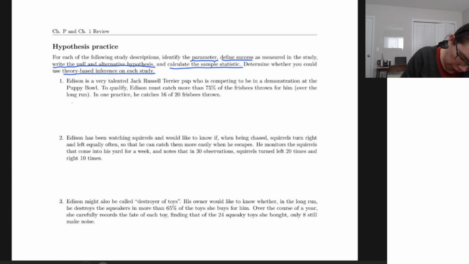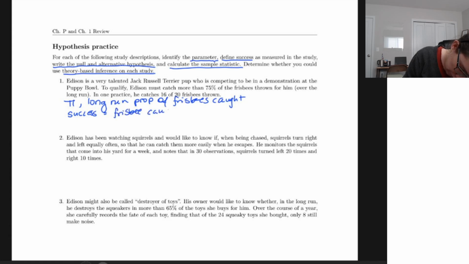Okay, so parameter is pi, long run proportion of frisbees caught. Success equals frisbee catch. The null hypothesis is pi is less than or equal to 0.75.